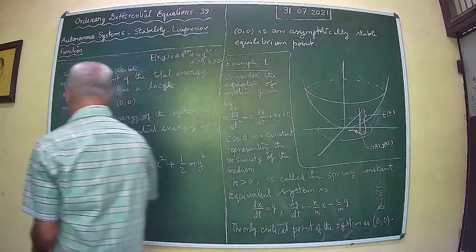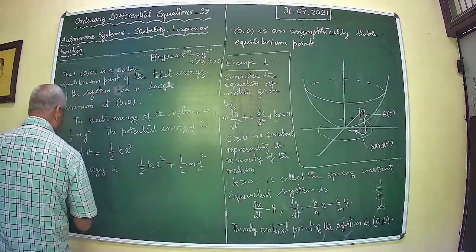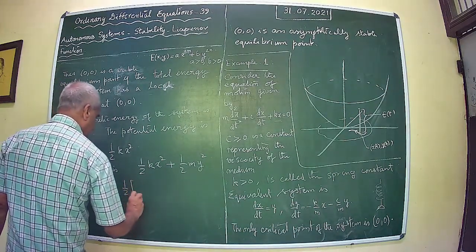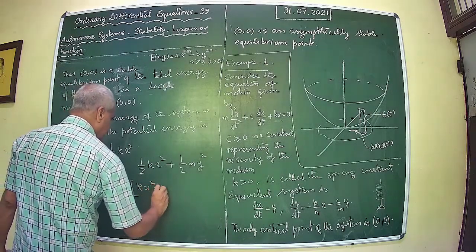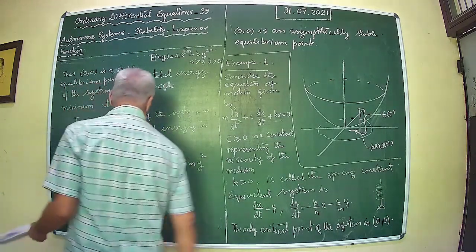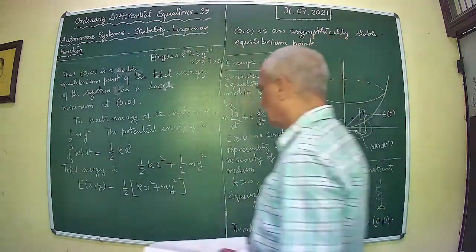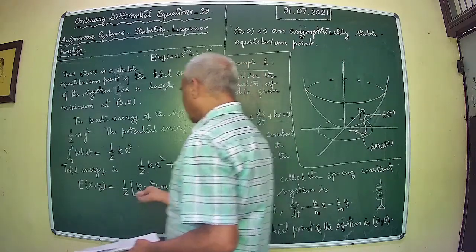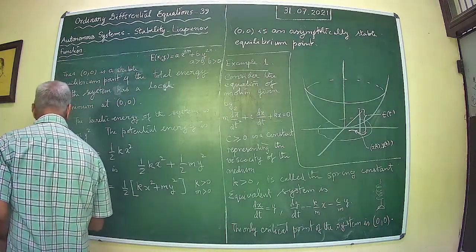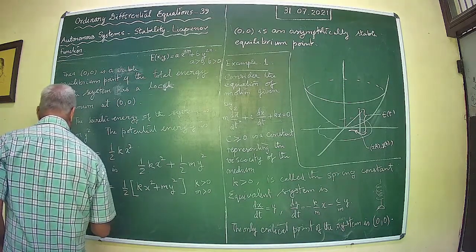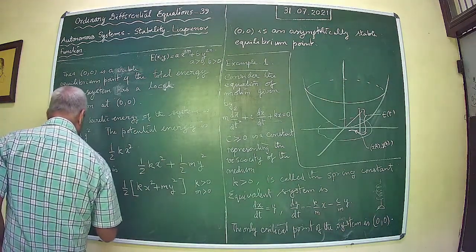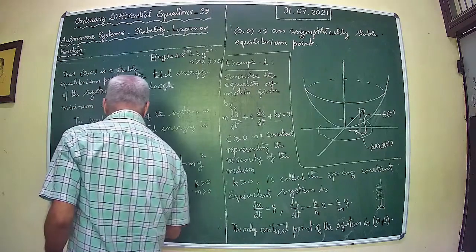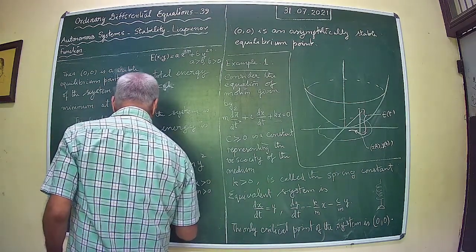Now we compute. So we take E(x,y). K and M are certainly positive. Therefore, E is positive definitely. And E(0,0) equal to 0.